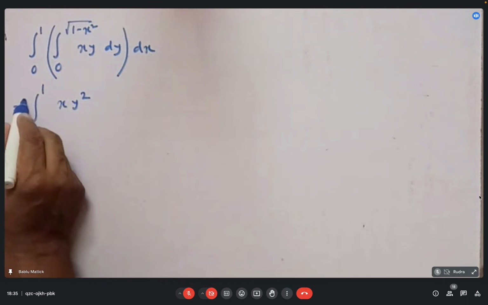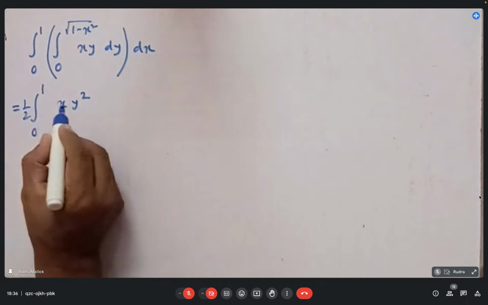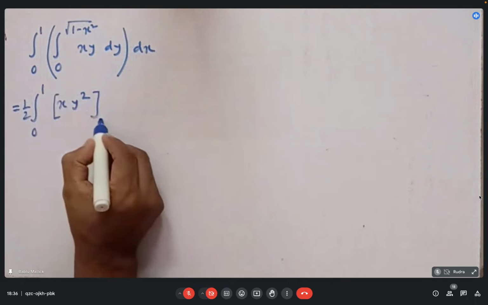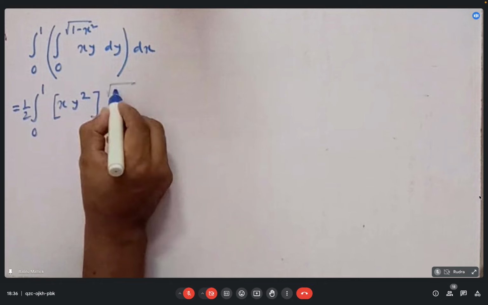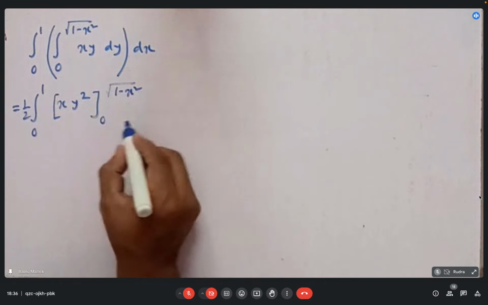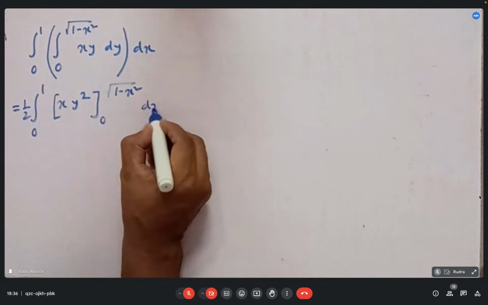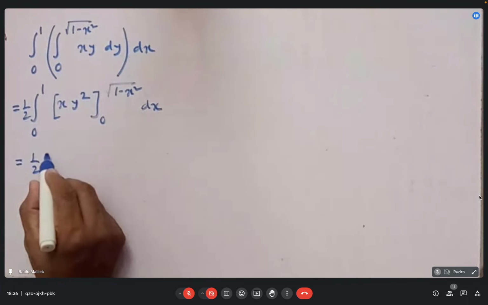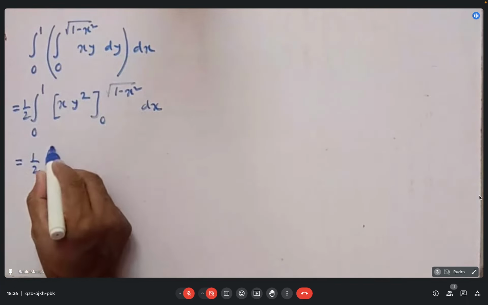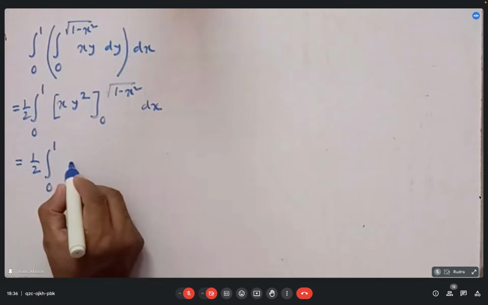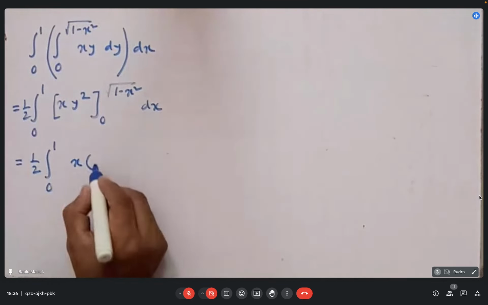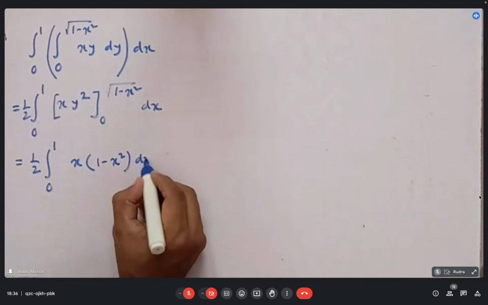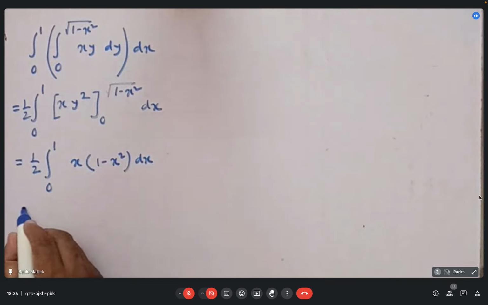So you can take 1 by 2 outside the integration. The limit of integration is 0 to root under 1 minus x square, then dx. So that is equal to 1 by 2 integration from 0 to 1 of x into y square, that is 1 minus x square, dx.